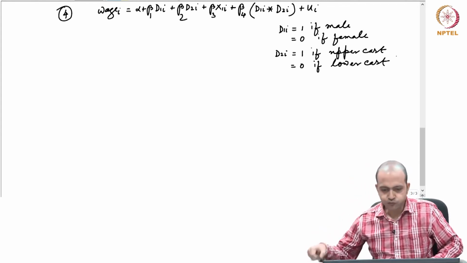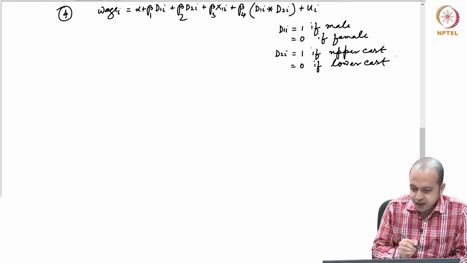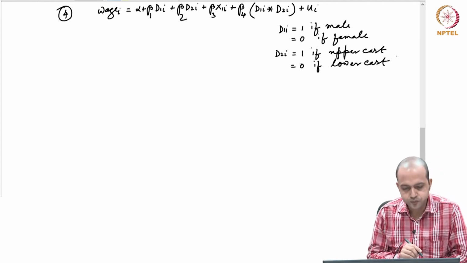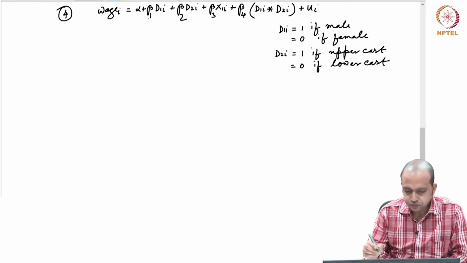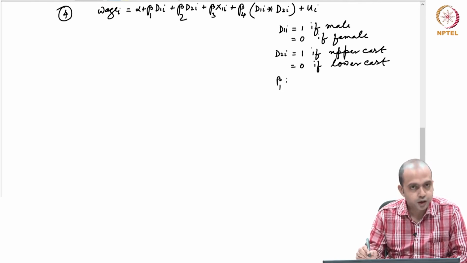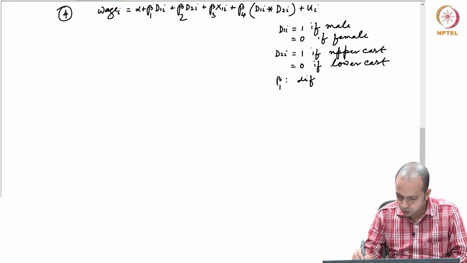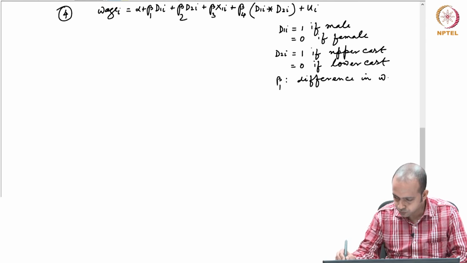Okay. So now what we will do to derive the interpretation of beta 4. Beta 1 indicates difference in wage for being male.